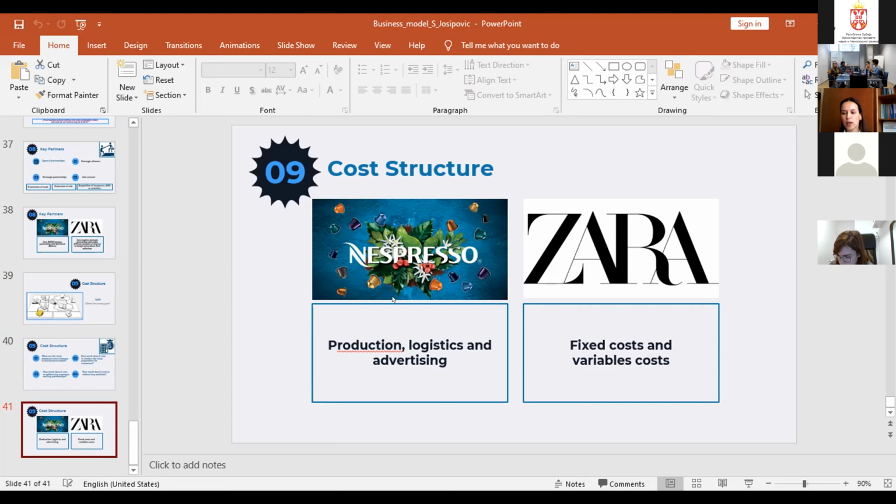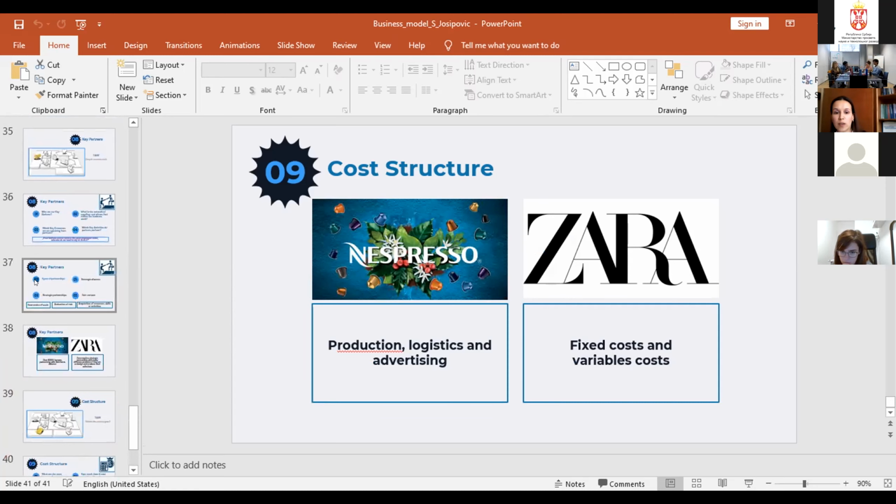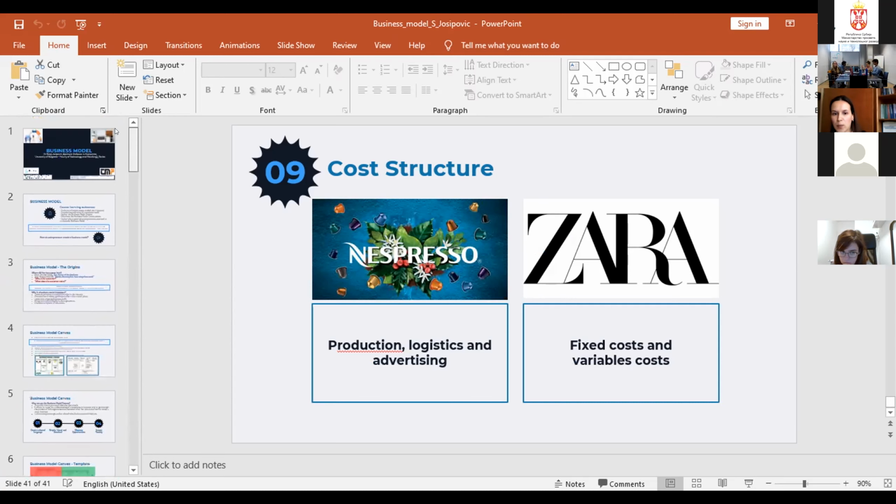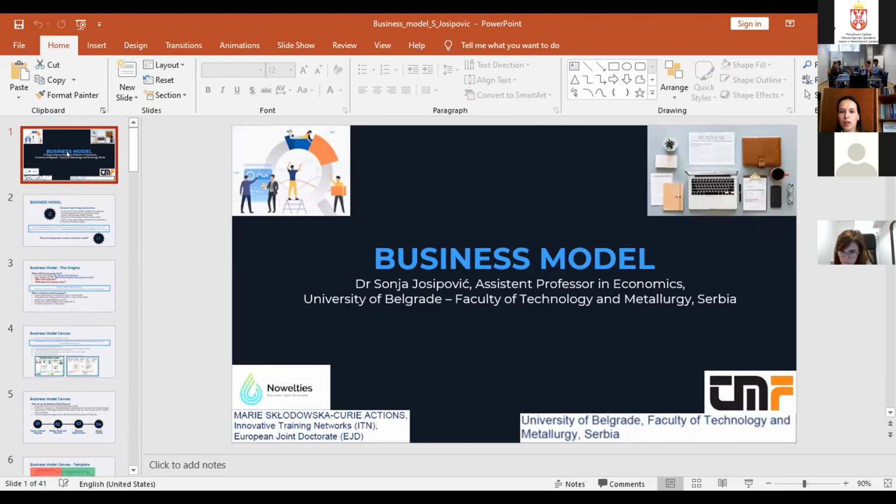We showed during this presentation how we can build a good and strong business model by using the business model canvas, which is the first visual business tool, a shared language for developing not only new business models, but also for analyzing business models that are created. So we saw which blocks are the main ones of each business model.